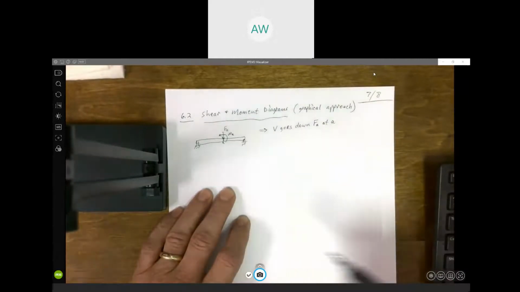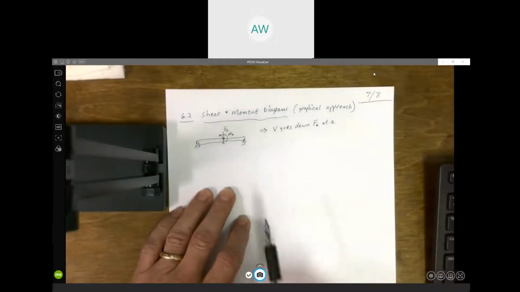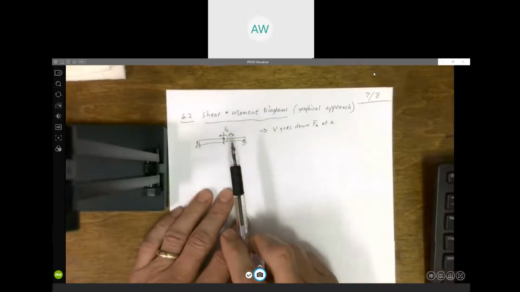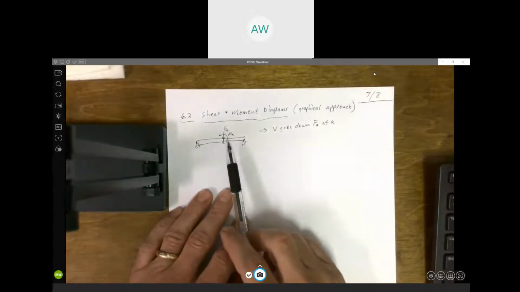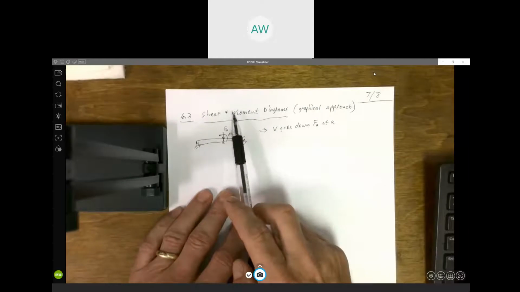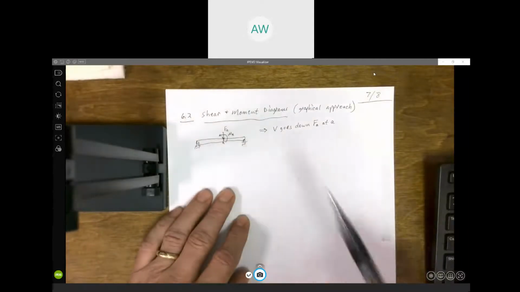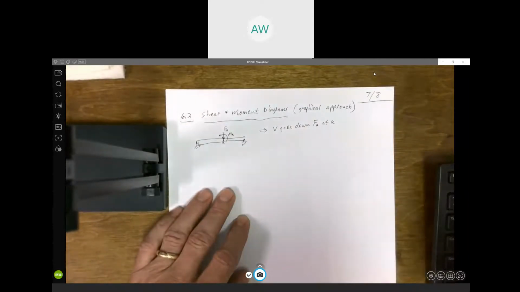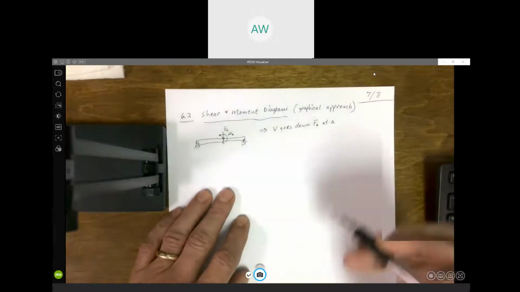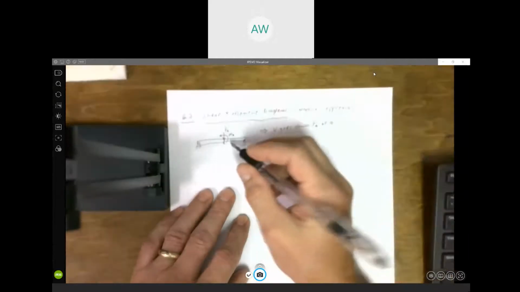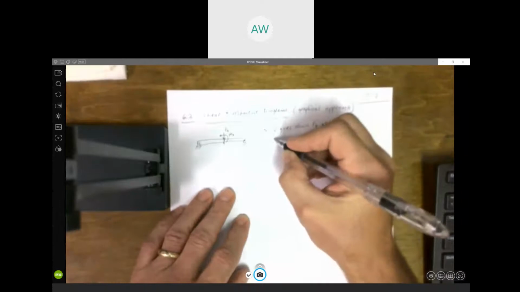Now, remind you, the opposite would happen if that force was acting up. If the force at A was directed upward, the shear force would go up, whatever that concentrated force is at that point. And the same thing would happen to the moment diagram.